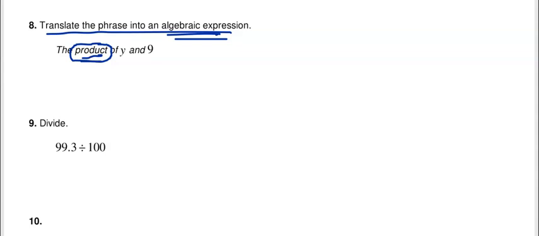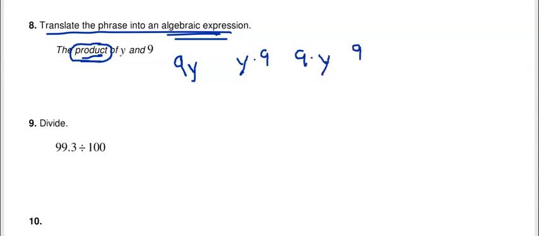So the product of y and 9 can simply be written as 9y, which is 9 times y. Or we could write y with a dot times 9, or 9 with a dot y.